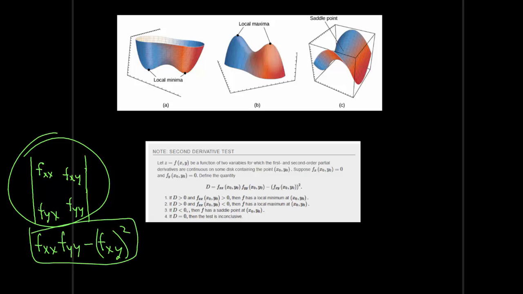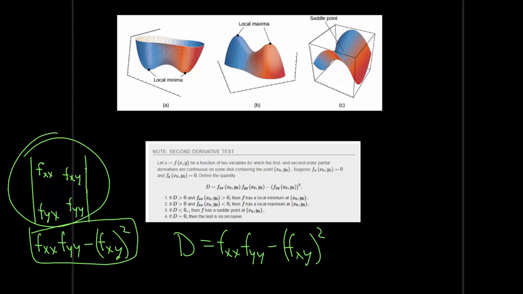But this is the formula that we're going to use to determine whether something has a max, min, saddle point, or maybe this test won't always work. We're going to call this D. Let me just write it here. Fxy or fyx, it doesn't matter.